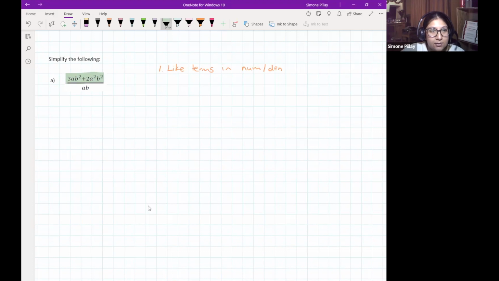Yes, there are like terms. Remember, like terms have to have the same variables and the same exponents. Rory-san, I don't know if you just picked up your hand, but if you did, do you have a question for me? Ma'am, I'm confused. How are they like terms when none of them have the same variables?